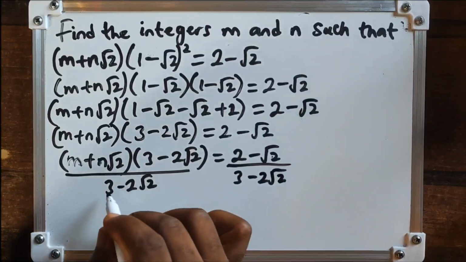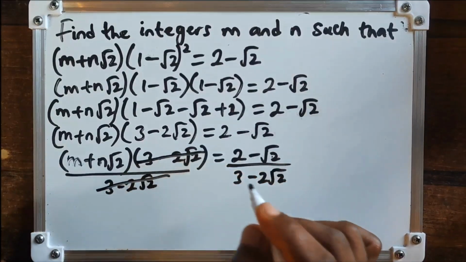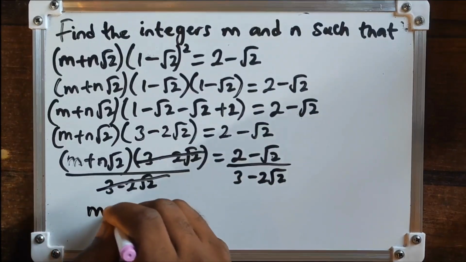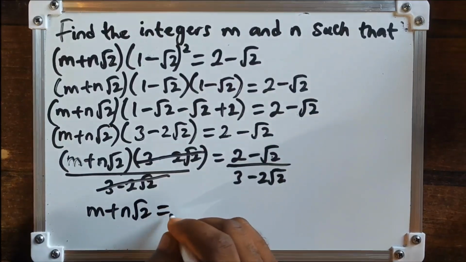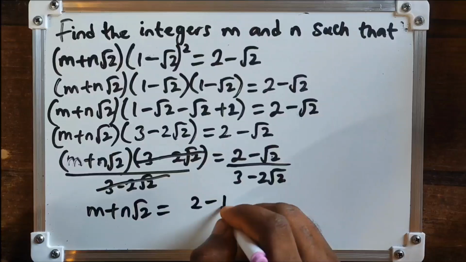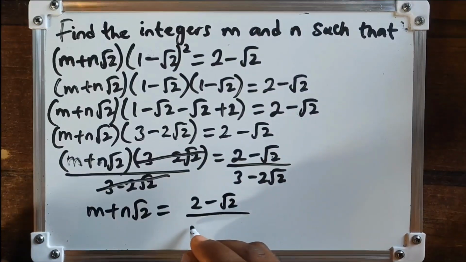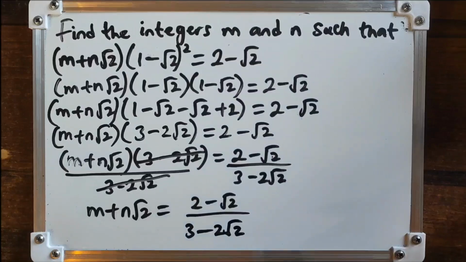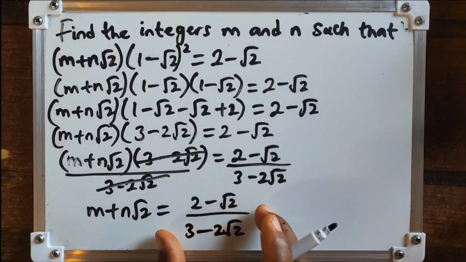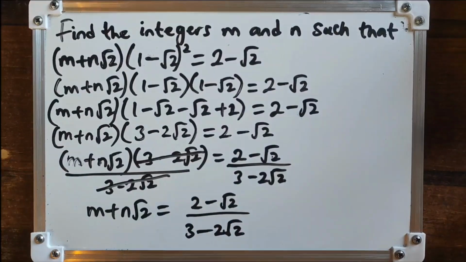So what happens here is that this cancels this, and I'm left with m plus n root 2 equal to 2 minus root 2 over 3 minus 2 root 2. So what to do next is to rationalize this right hand side of the equation.